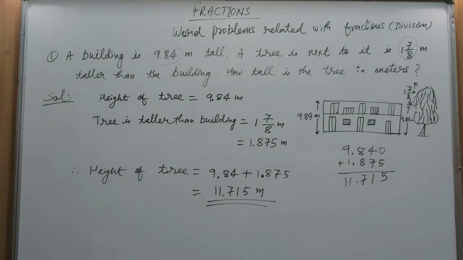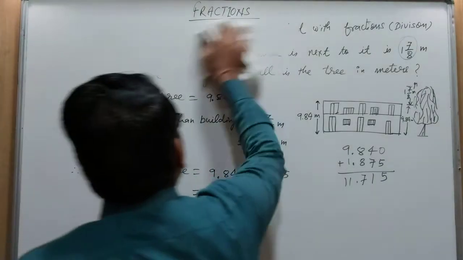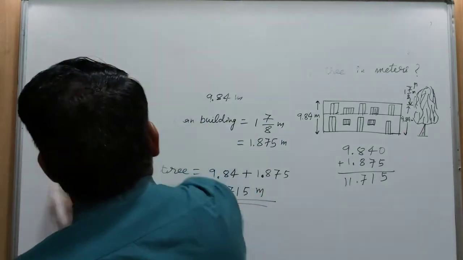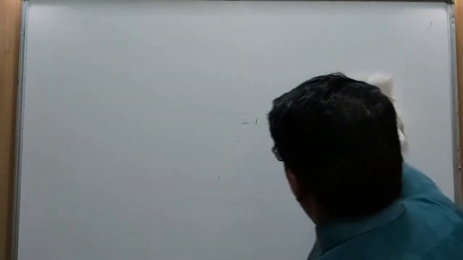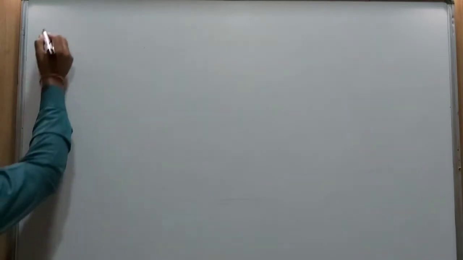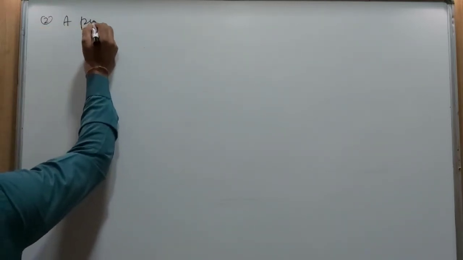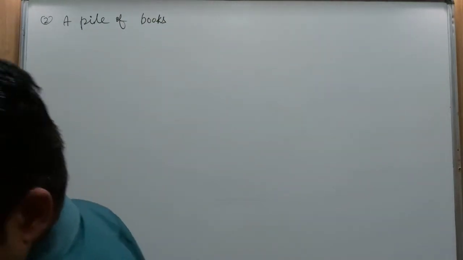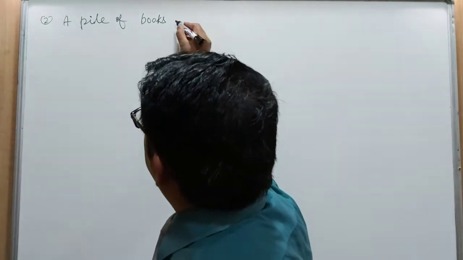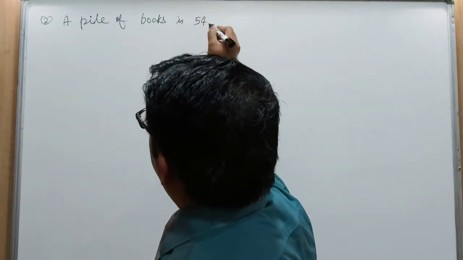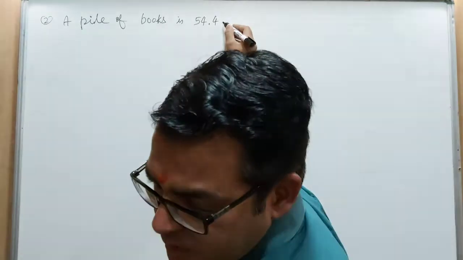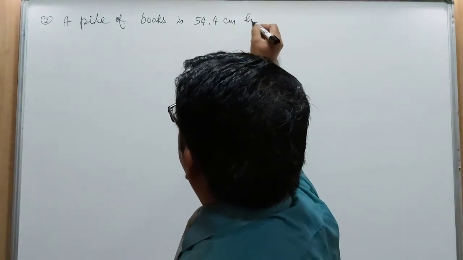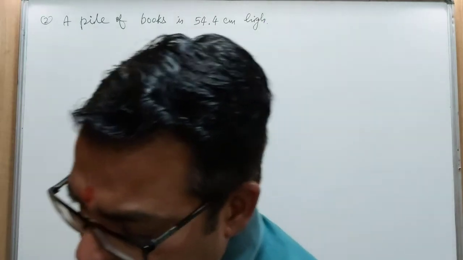Now the next question I am taking. A pile of books is 54.4 centimeter high, right?